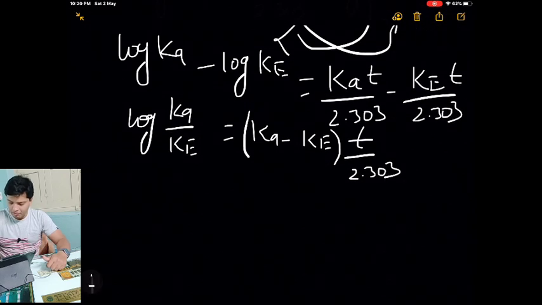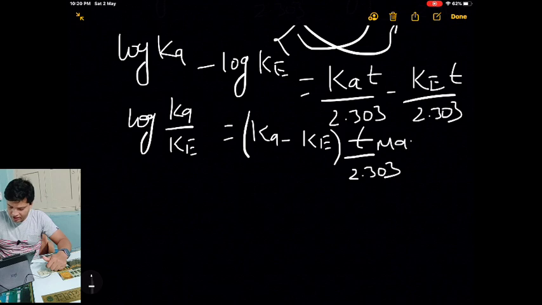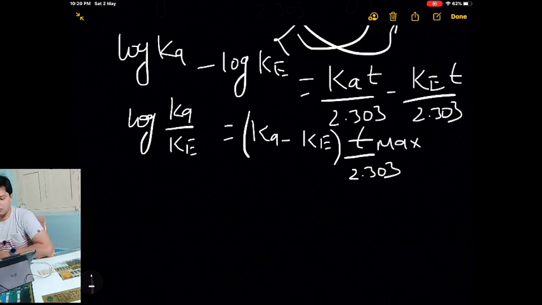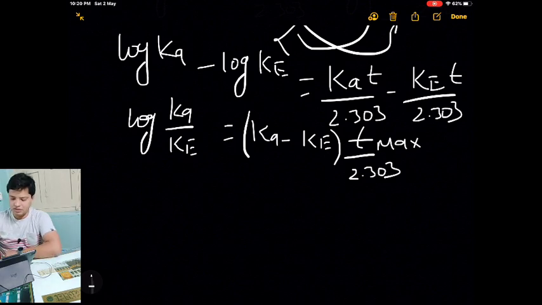This time will be called Tmax, because we got this equation by assuming that at maximum concentration, the rate of change of drug concentration will be 0 at the Cmax. If we consider that as Cmax, then the time required to attain that Cmax will be Tmax. So solve this equation for Tmax.